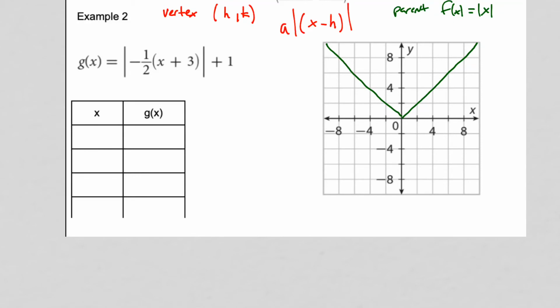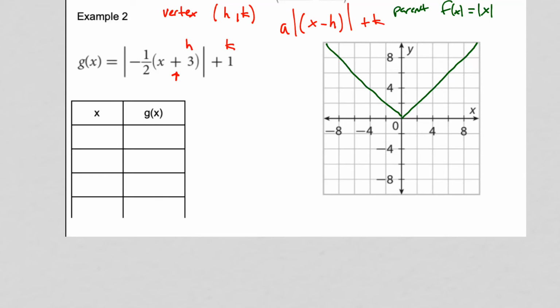This looks like a future poster on the wall. So it has to be a minus h. Hopefully you're seeing that's a plus, but this is definitely h, and that's definitely k.